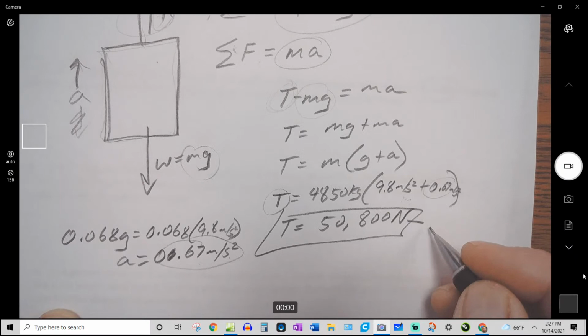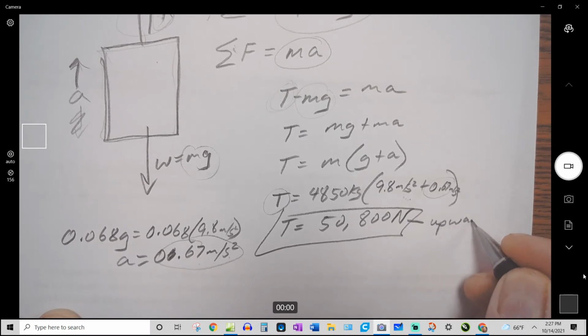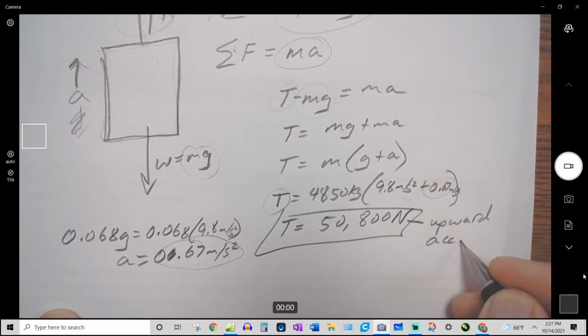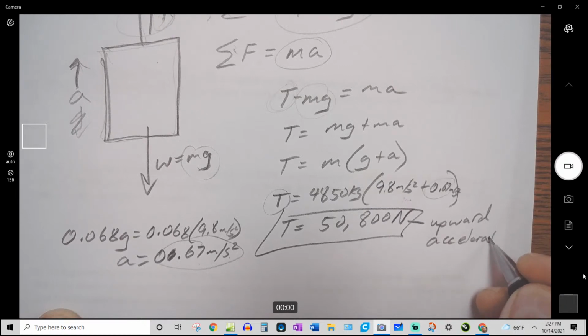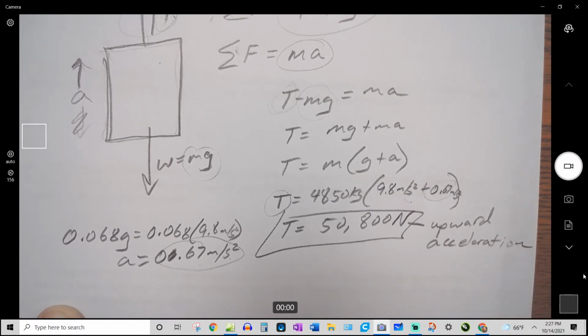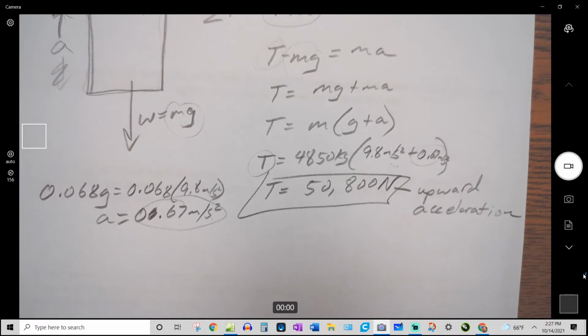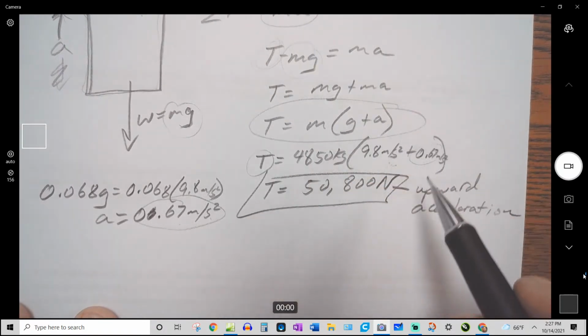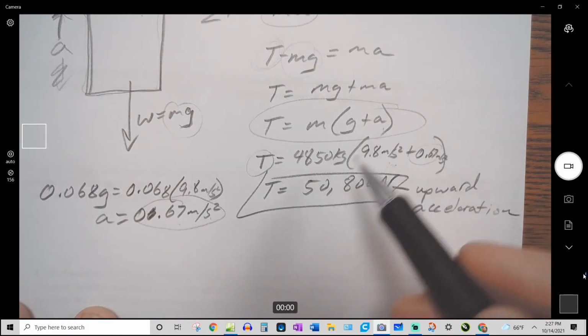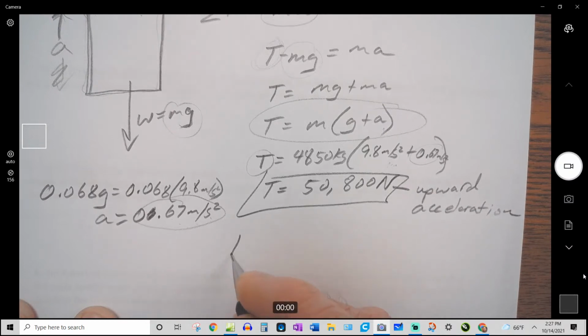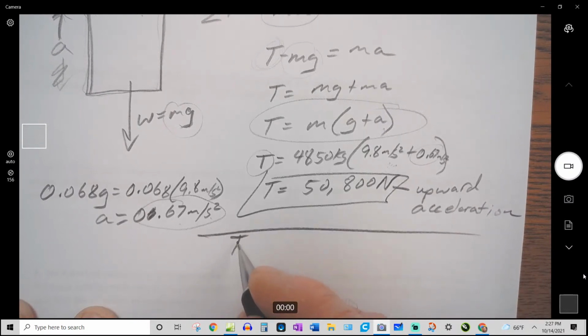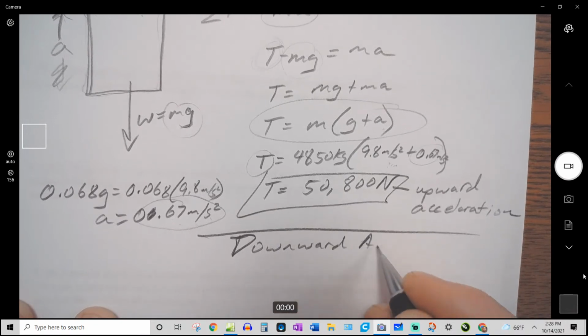So I'm going to say upward acceleration just to keep track of what's going on here. Now if I do use my same formula again, but I'm going to put in negative 0.67, let me do downward. Just making a little note here.